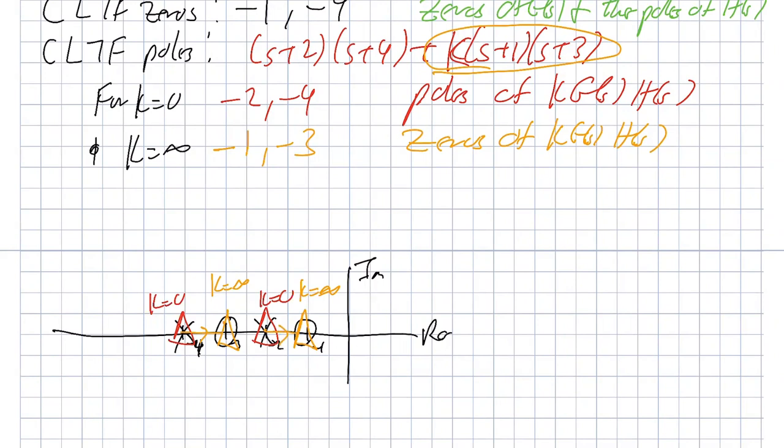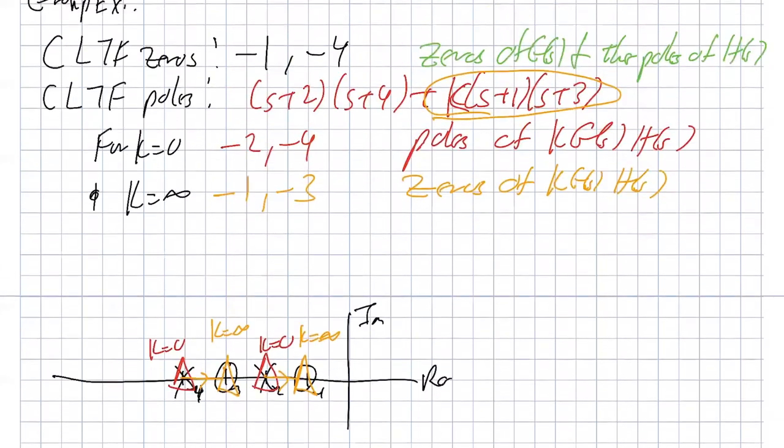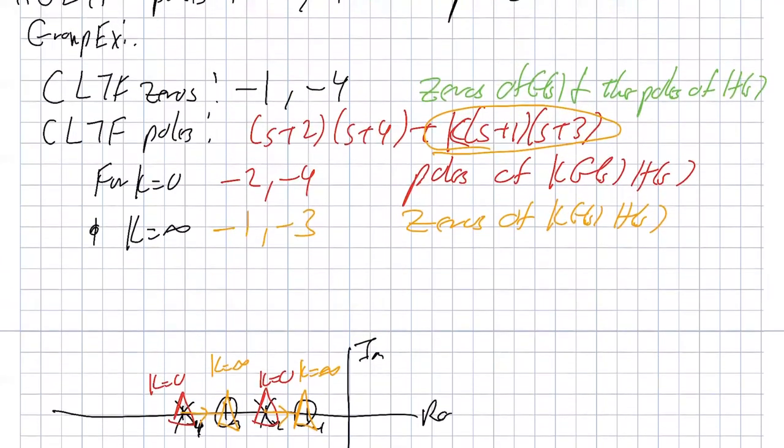This works for this particular example, but it's a general result. For the closed loop transfer function zeros, we don't necessarily find those that often, but they do have an impact on the response.